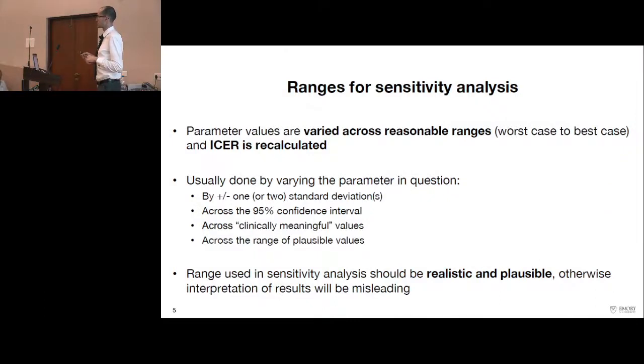Once we get to 3 dimensions, that's a little tricky to present, but still doable. 4 dimensions, that's pretty difficult. So in that case, you would probably record the lowest and highest value of the ICER.